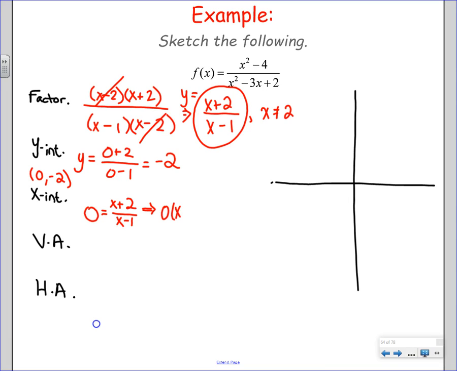Yeah, so when you multiply by x minus 1, the cool thing that's going to happen is you're always just going to get 0 equals the top. Some of you have already solved for x and figured out that x equals negative 2. When you multiply up the denominator, it's going to cancel out to be 0, and you just solve for x by subtracting 2 on both sides. So now, we know x is negative 2 when y is 0.